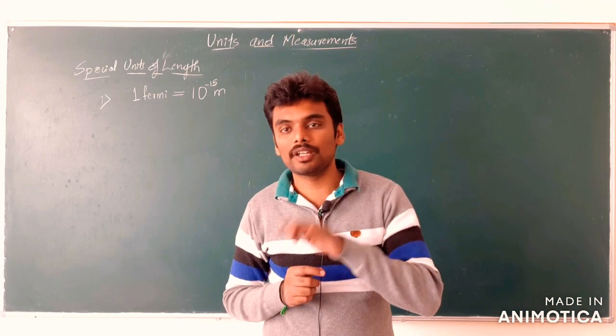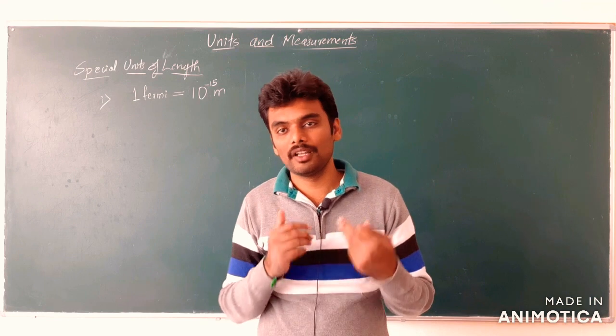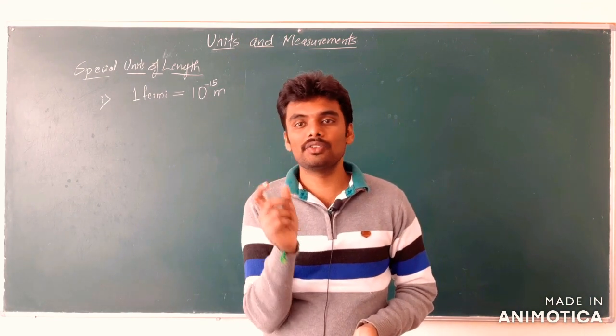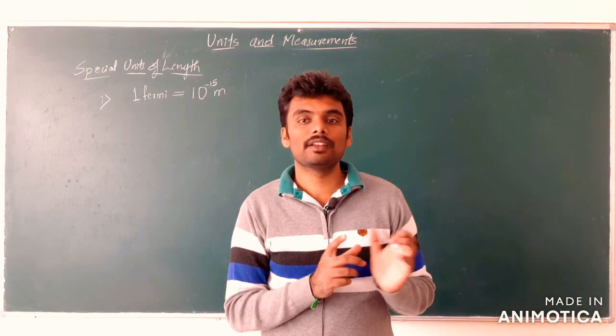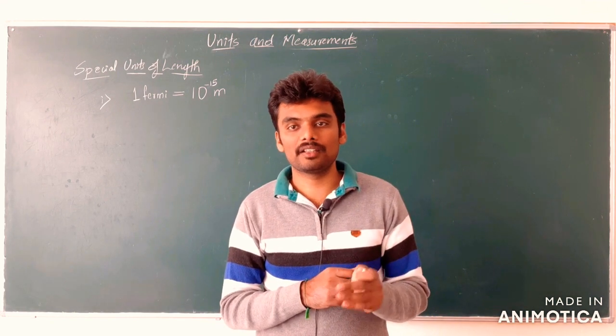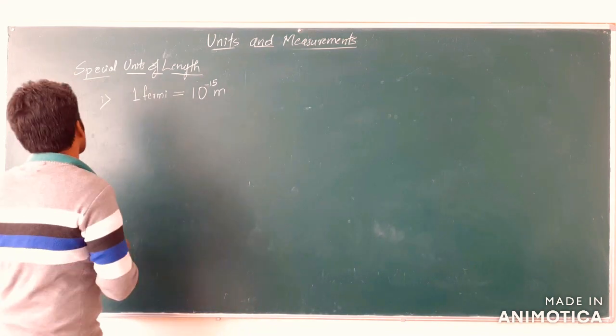I don't need to put 10 to the power of minus 15 meter every time. I can directly take 1 Fermi. This nucleus is of size 10 Fermi, this nucleus is of size, say, 25 Fermi, like that. So this is a special unit of length.